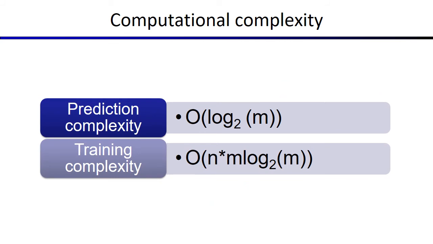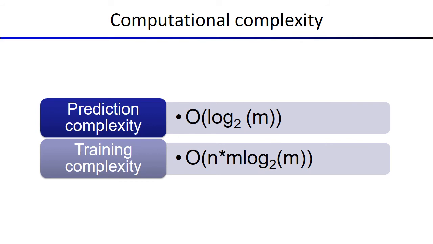Decision trees generally are approximately balanced, so traversing the decision tree requires going through roughly log m nodes. Since each node only requires checking the value of one feature, the overall prediction complexity is big O of log base 2 of m. Now the training algorithm compares all features on all samples at each node.